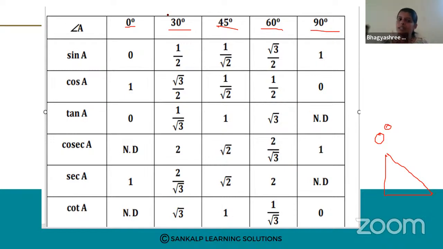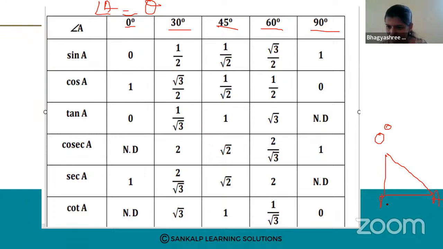If A means it is theta only. Consider A is same as angle theta. Theta and A are the same. If our angle is at point C, then we call it angle C. If it is angle P, we call it angle P. If angle Q, we call it Q. Right? So in general we call it theta.